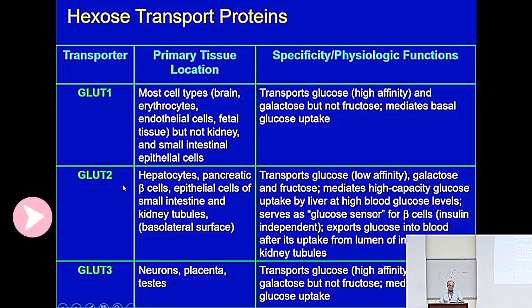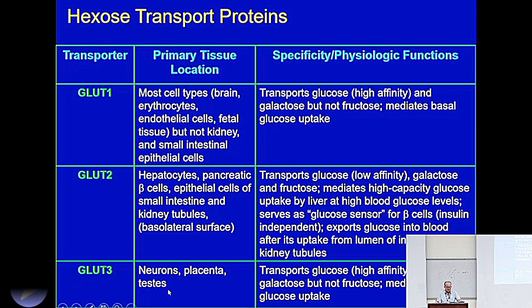It can transport the glucose into the cell or from the liver cells, from the hepatocytes into the bloodstream. Okay? So that's GLUT2. What you want to know is tissue distribution and that it is bidirectional.